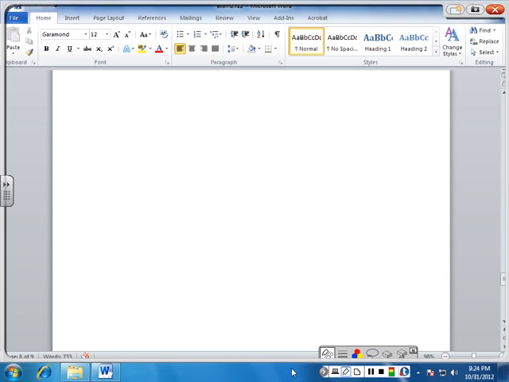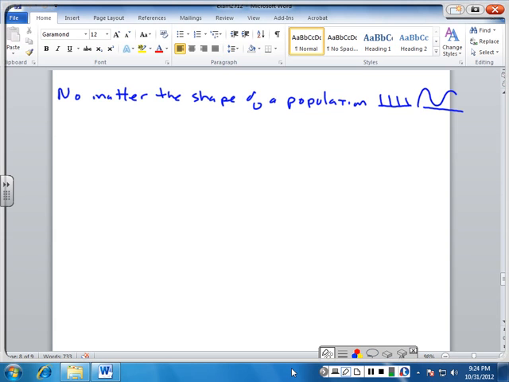Okay, so what the central limit theorem says is no matter the shape of a population, and I'm going to draw here two shapes that we have used at various places. These each have a mean and a standard deviation for the population. They're a distribution of x's.